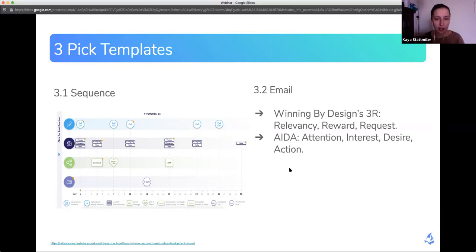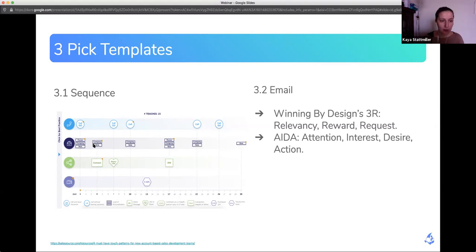Here I added a screenshot from Salesforce, another consulting company from San Francisco. In terms of the touches, they have 15 touches, a mix of call, email, social, and even direct mailers.